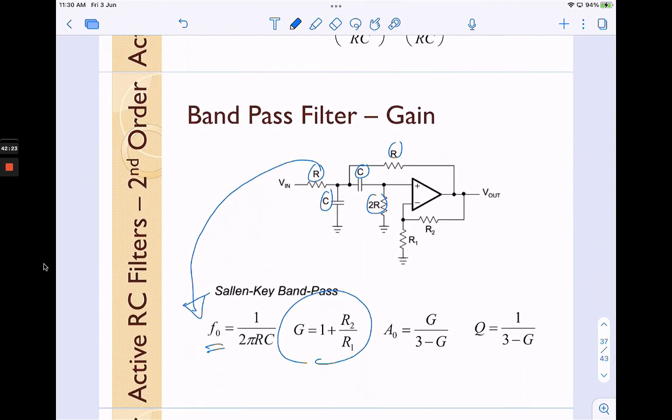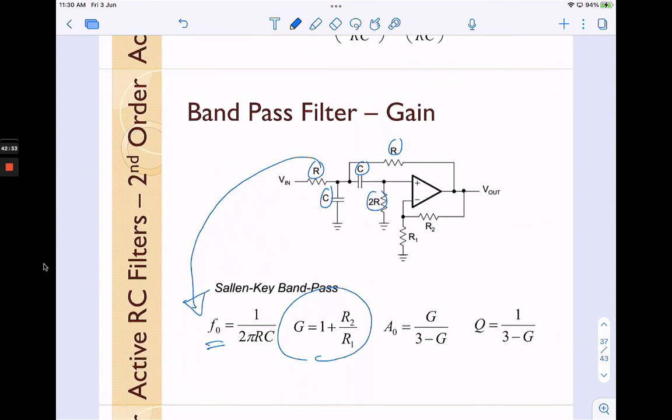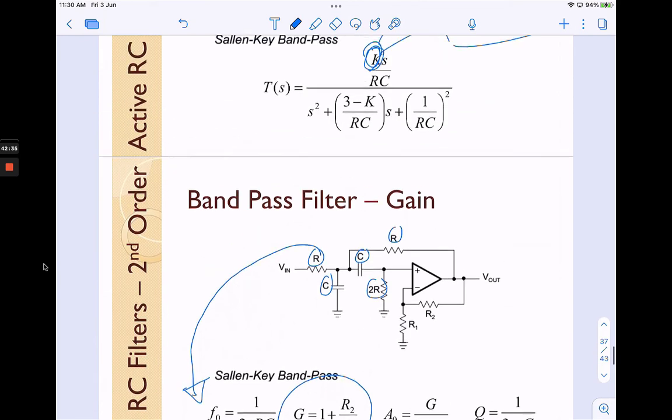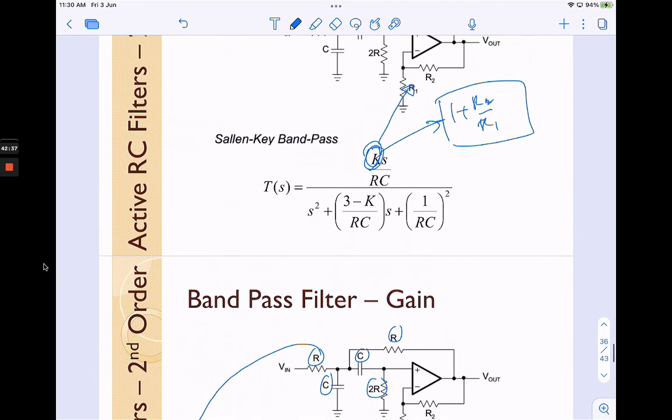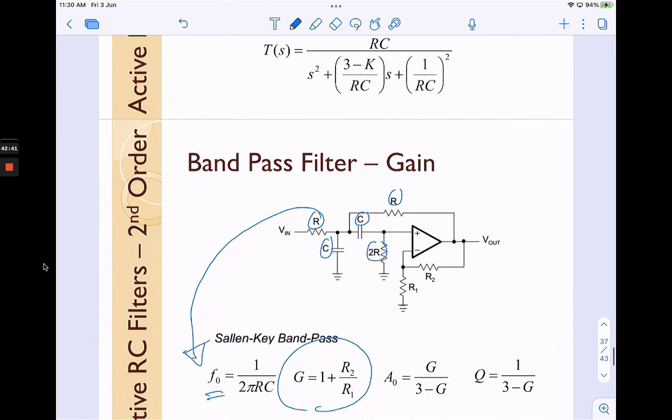And we can relate these. So this is the gain and quality factor. This depends on this portion over here.